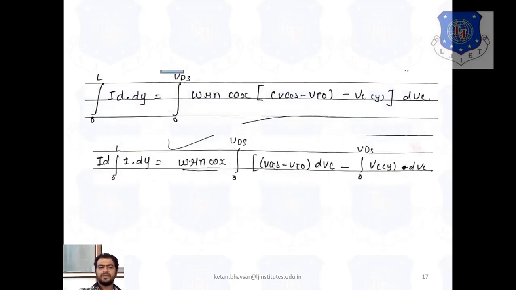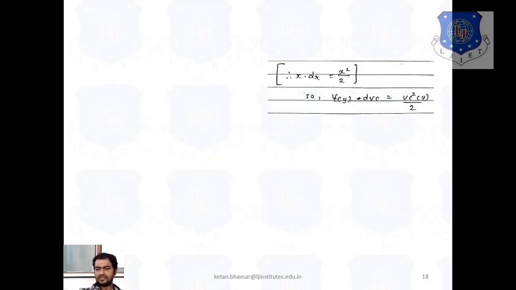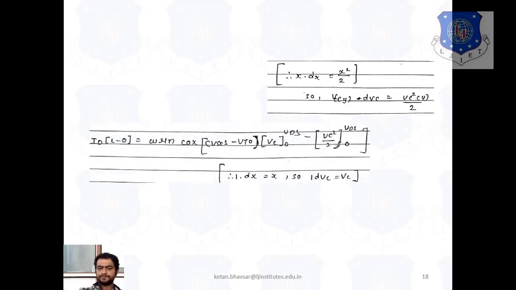We take ID common, integral 0 to L of 1 dy, equal to W mu N Cox, integral 0 to VDS, putting the integrand inside a bracket. Here we use the fact that integral of x dx is x square divided by 2, so Vc of y gives Vc square divided by 2.